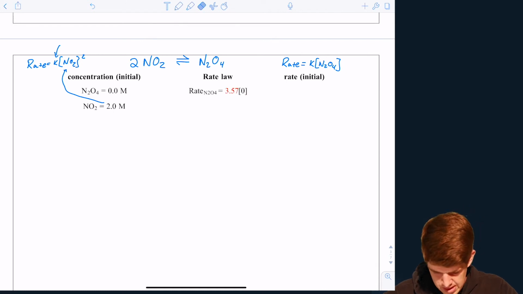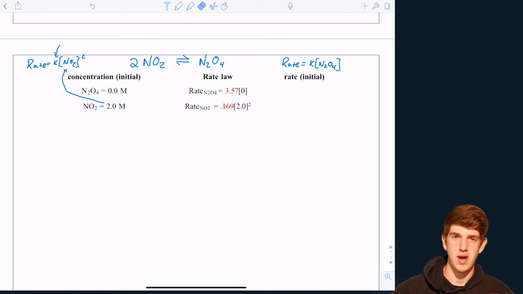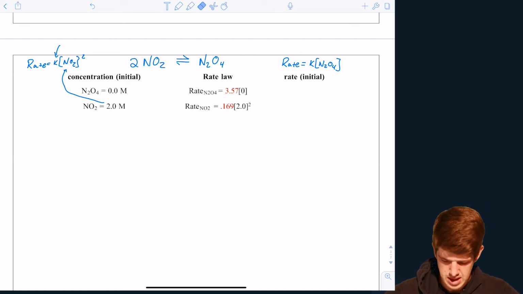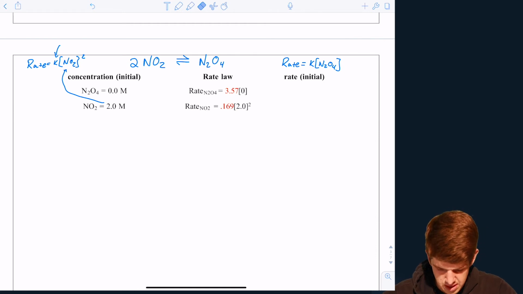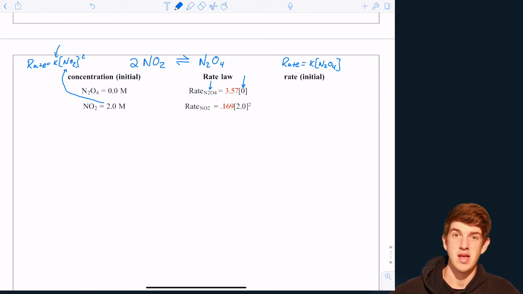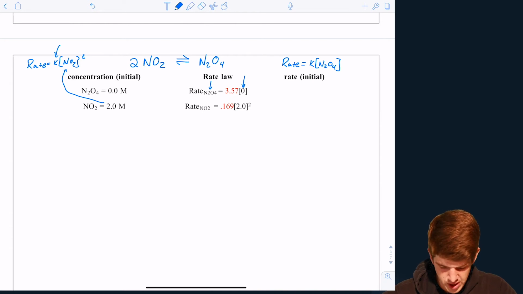These values in red are completely made up. Don't worry about what they mean, just worry about the concentrations. The concentration for N2O4 is currently 0 because we don't have any N2O4 yet. For NO2, it is 2 just because our starting concentration is 2.